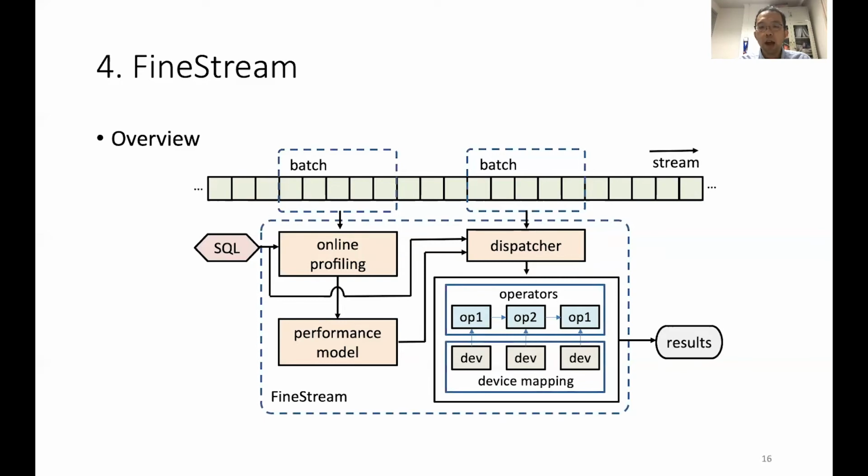Third, after the performance model is built, the dispatcher starts to work, and the fine-grained stream processing begins. Each operator shall be assigned to the cores of the CPU or the GPU for parallel execution. Additionally, the workload could be dynamic. For dynamic workload, query plan adjustment and resource reallocation need to be conducted.